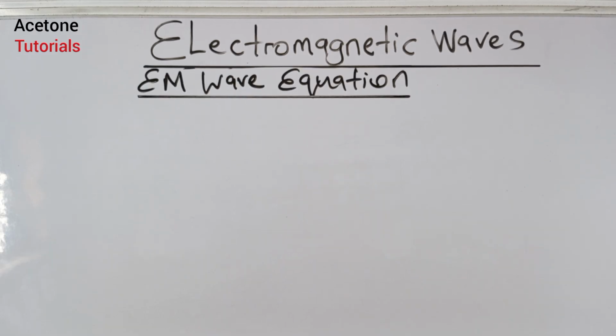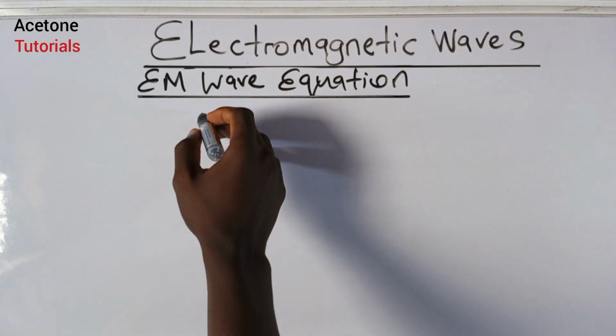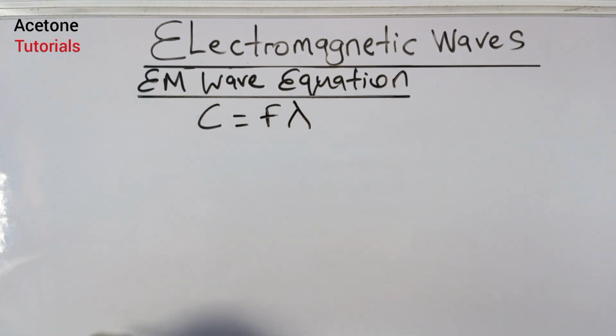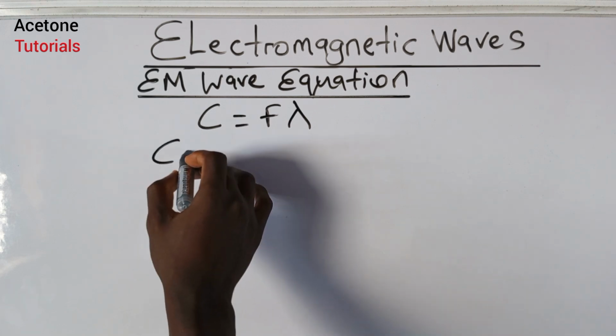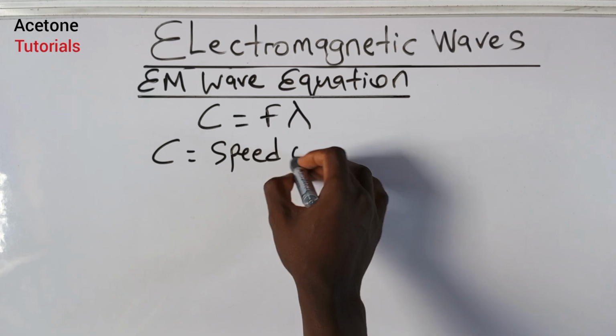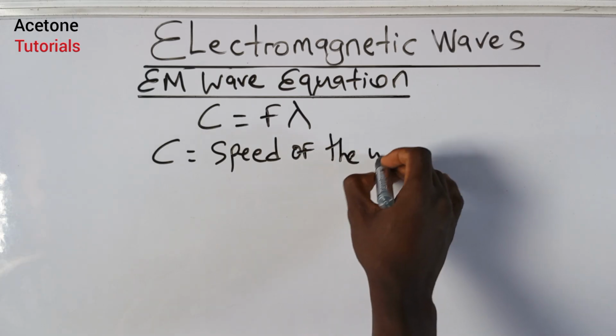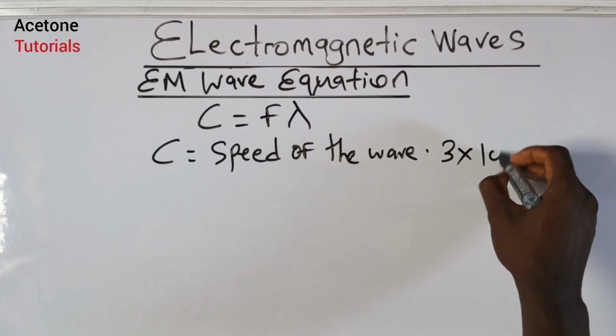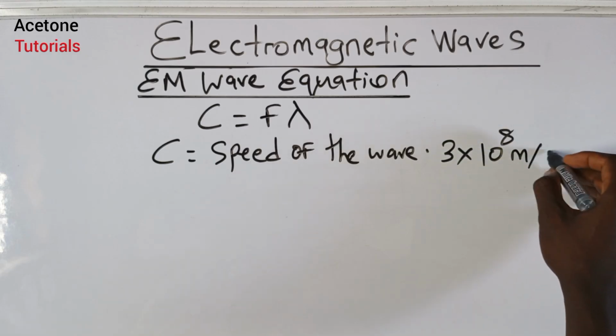The electromagnetic wave equation. There is an important formula connecting the speed of the wave, the frequency of the wave, and the wavelength. And the formula is c equals f lambda. c is the speed of the wave, which is equal to 3 times 10 raised to power 8 meter per second.